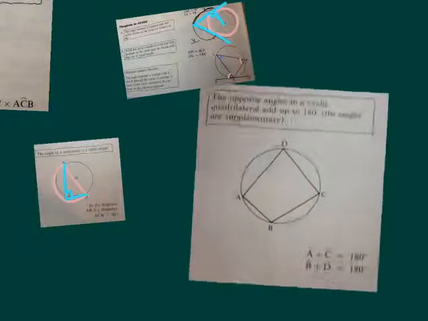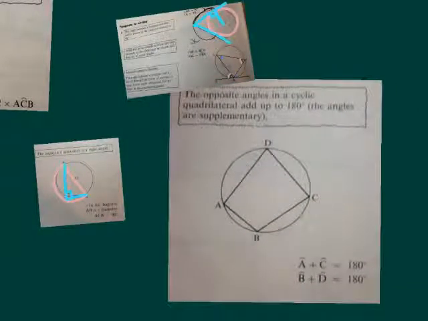Okay, let's just minimize that a little bit. And finally, we've got this one here. Now this is a quadrilateral, a four-sided shape. It's called a cyclic quadrilateral because it fits exactly in a circle. And the rule for that is that the opposite angles sum up to 180.